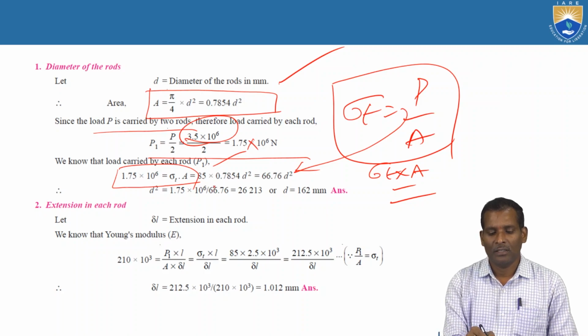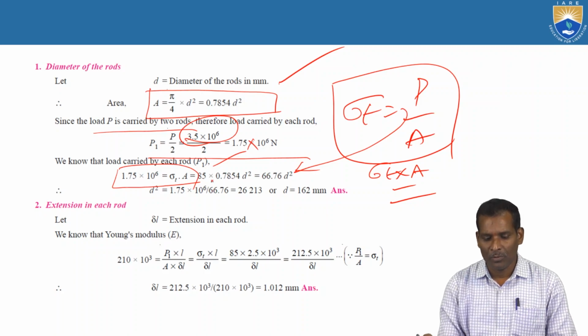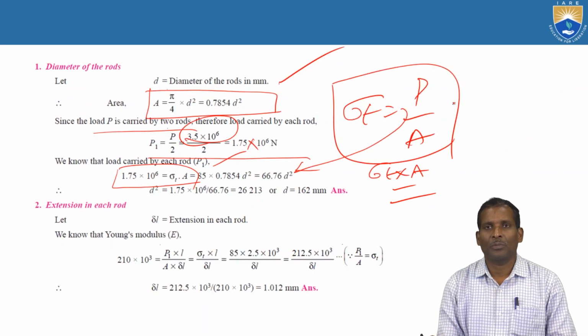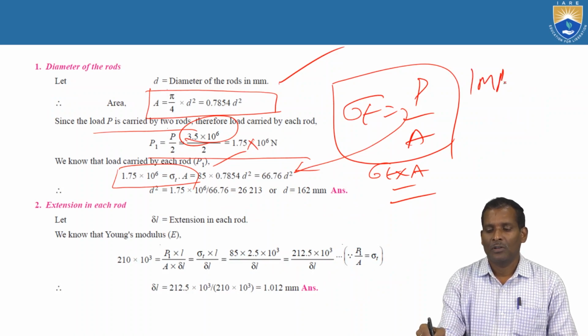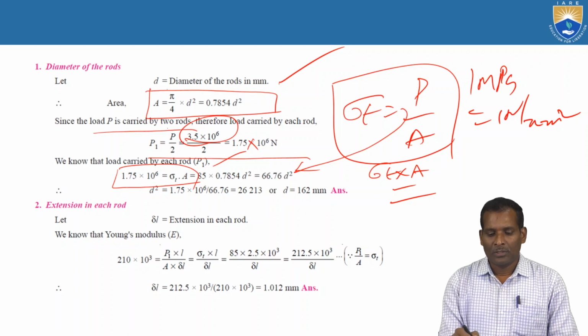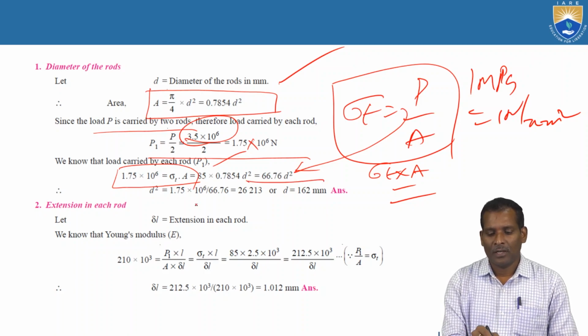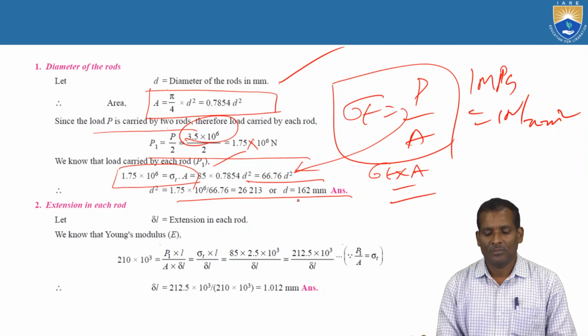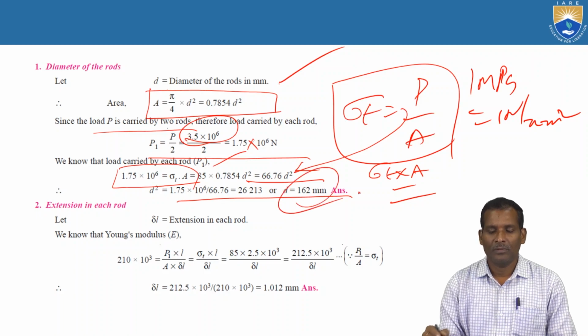Sigma T given in the problem is 85 megapascal safe stress, convert into Newton per mm square. 1 megapascal is equal to 1 Newton per mm square. Substitute here and you may determine the diameter of the rod: 162 mm.